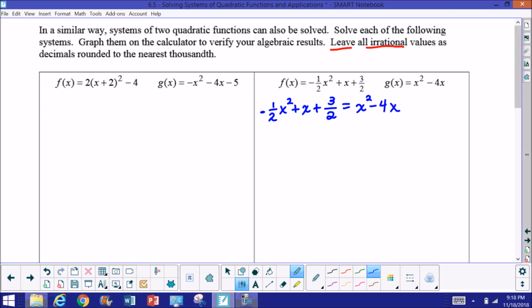Now from here, we're going to get x's on one side. I'm going to do something a little different. I'm going to get my x's on the right side because that way I can guarantee a positive value. It's not going to be a pretty positive value because I have 1x squared plus 1/2 x squared, which is 3/2 x squared when I add this over.